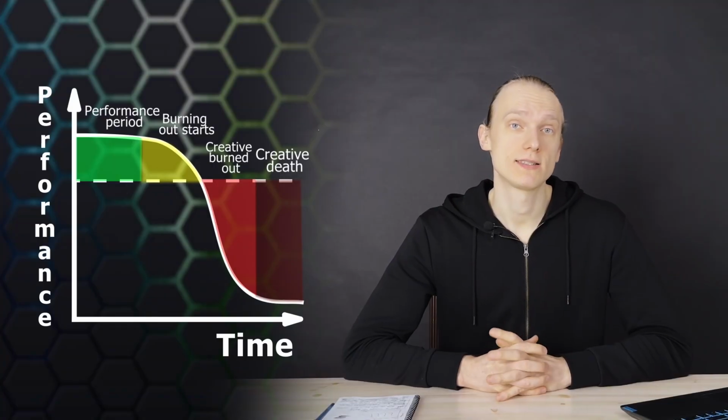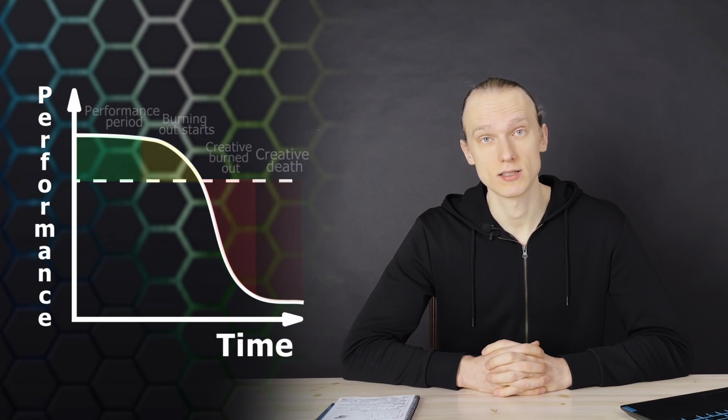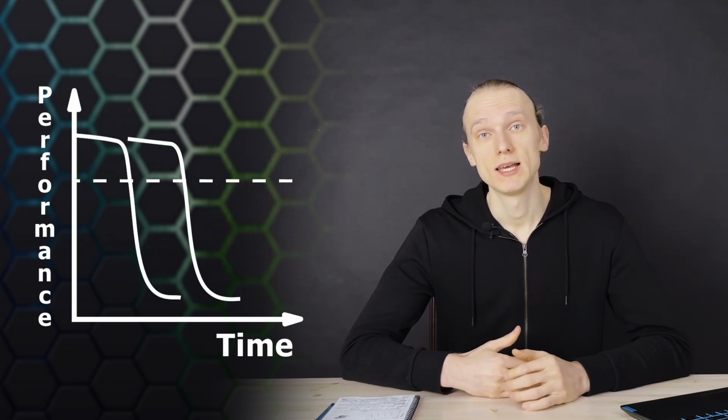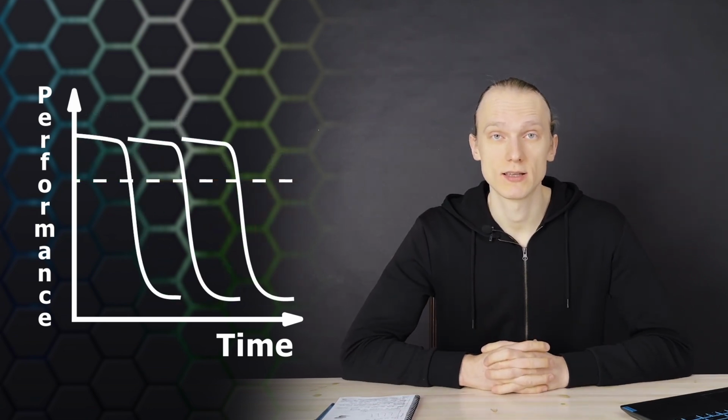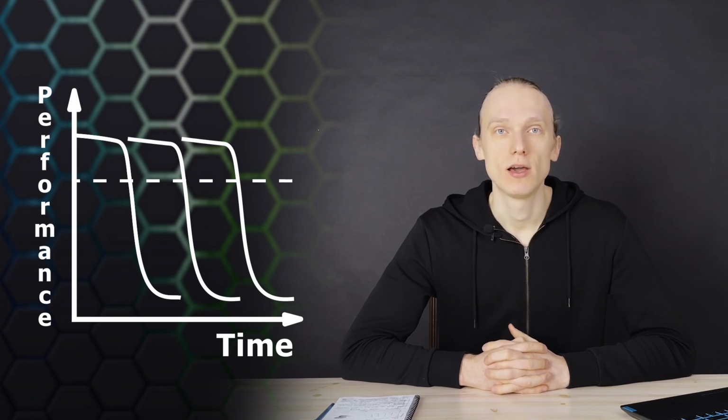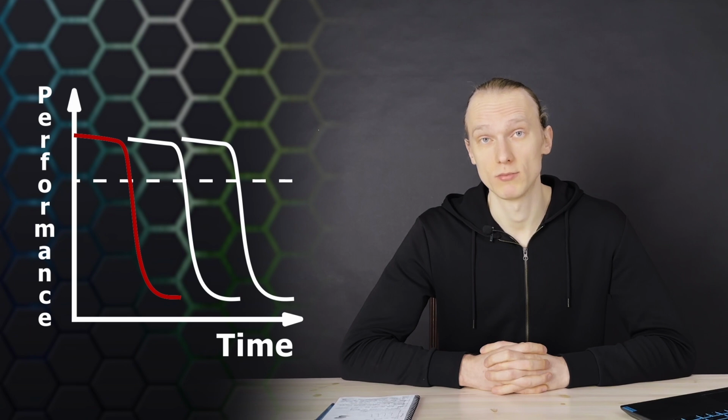So we have the same chart with two axes, performance and time, the same dotted line that represents our minimum acceptable performance level, and we have several creative curves. So here you can see when our previous creative shows us performance lower than the minimum acceptable performance level, we should have a new top creative in rotation.